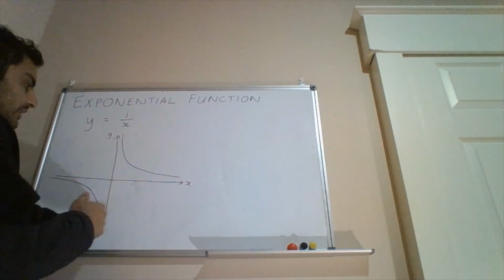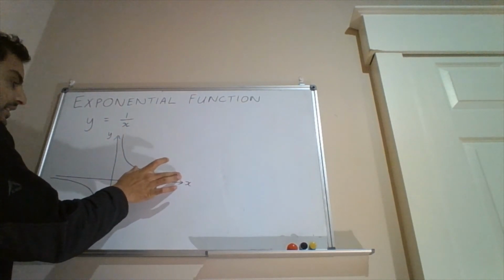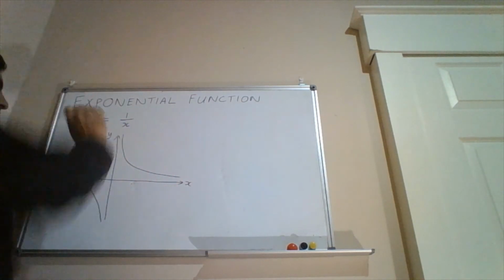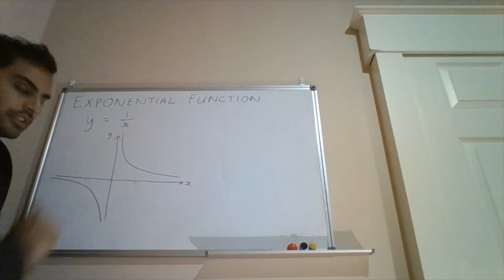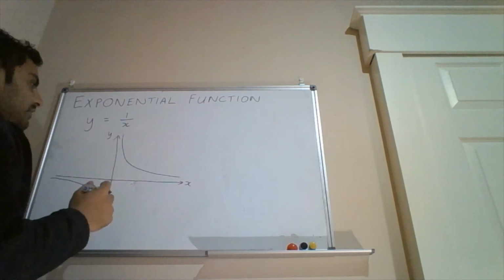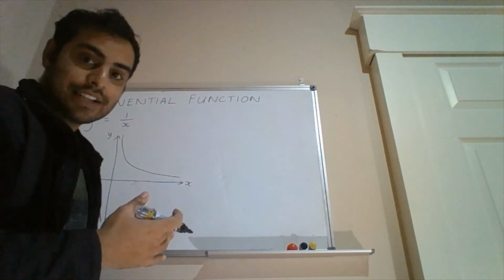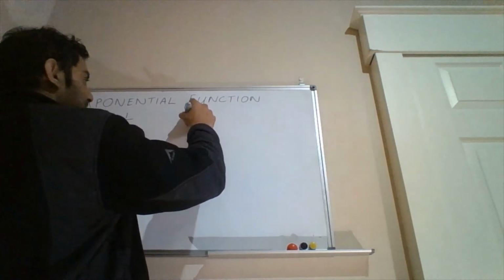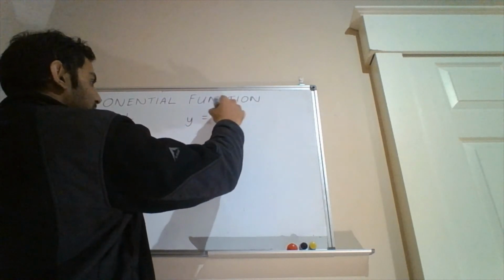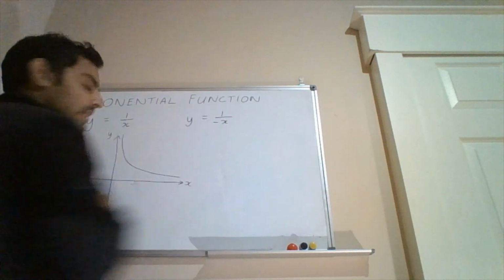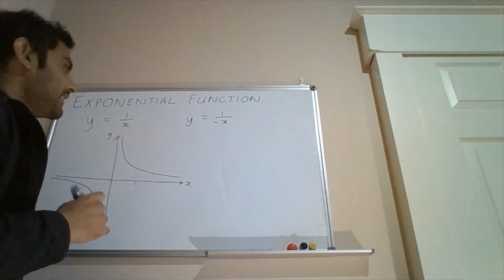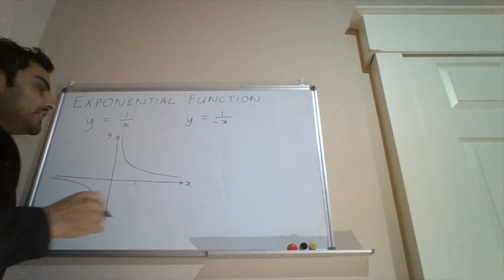So this is going to be our reflection axis, and we're going to flip this branch this side and this branch this side. So when we're flipping about the y-axis, we keep y the same and we make x negative. So that will be our new equation, y equals 1 over negative x.